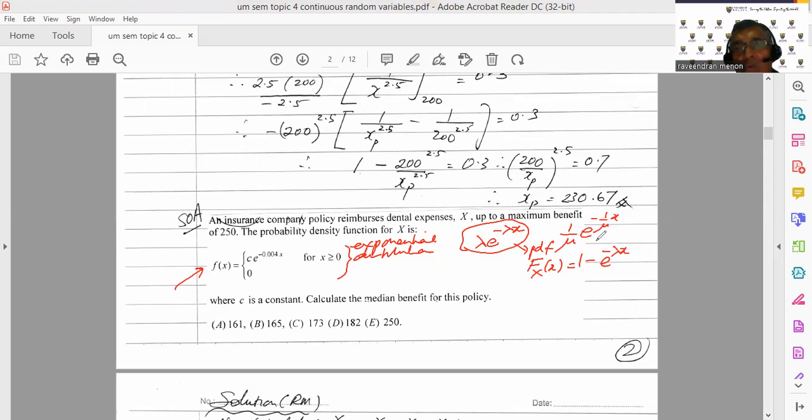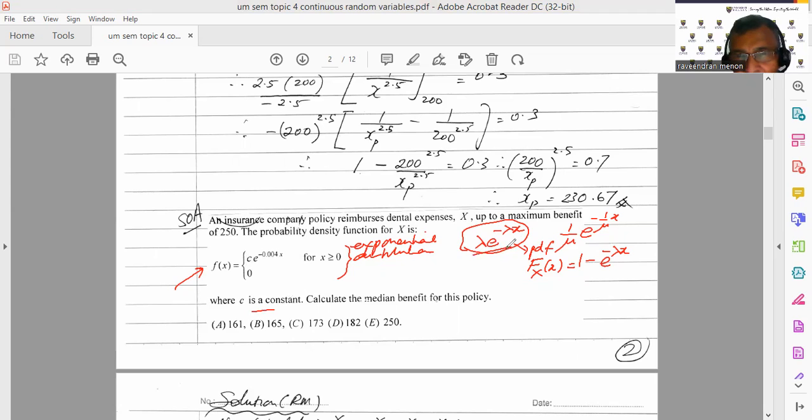I can quote this to you because, you know, I teach this on a regular basis, but if you have forgotten it, so what? And if you don't have a formula book, so what? Just go and do the integration, right? Just go ahead and do the integration and you will get your CDF.